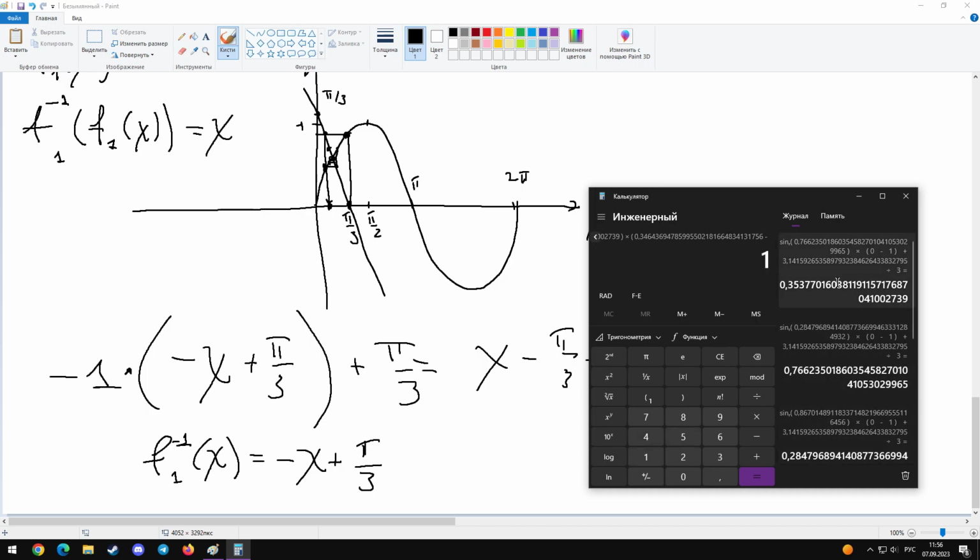We take a sine of this value, multiply by -1, and add pi over 3. Take a sine, multiply by -1, and add pi over 3. Take a sine, multiply by -1, and add pi over 3. And so on.